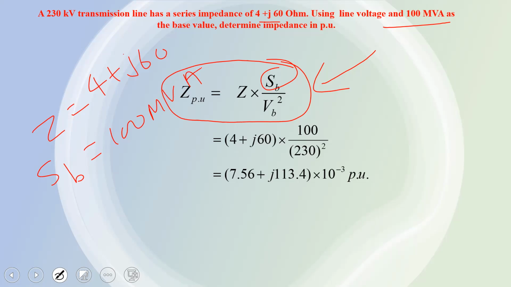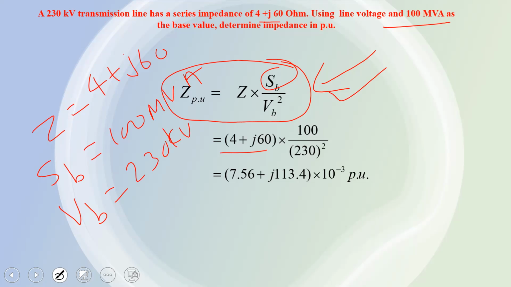And you will have to consider line voltage as the base voltage. So the line base voltage is also given as 230 kilovolt. And now the question is to convert this impedance, which is given in conventional unit, into per unit. So you can use this formula to convert impedance which is in conventional unit into per unit.